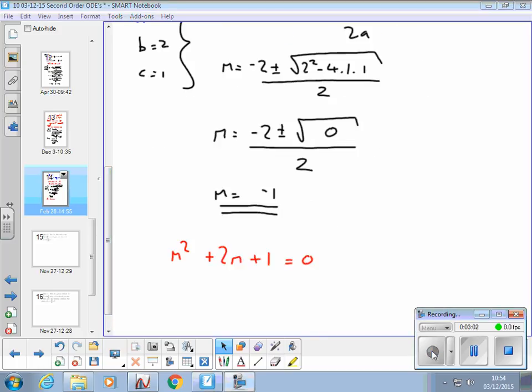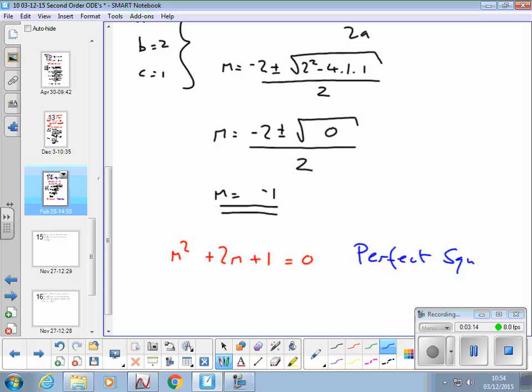If we recognise that this is a perfect square, what we've talked about before, and we remember that it means we can write this as m plus half of the coefficient of m, because that's the perfect square, we could have jumped straight to here.